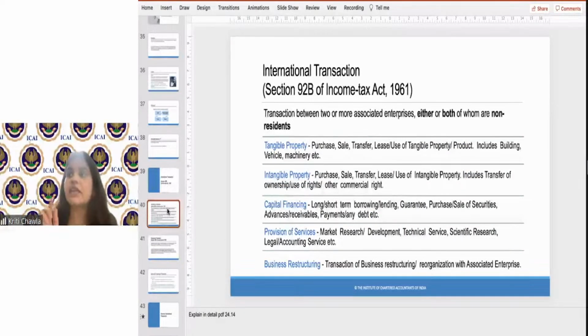Meaning to say that if there are two associated enterprises and they do not have an intercompany agreement, but they still transact, and this transaction is appearing in the accounts, in the balance sheet, in the P&L account, etc., even if there is no intercompany agreement between them, this will still qualify as an international transaction, and transfer pricing provisions will apply onto this particular transaction.